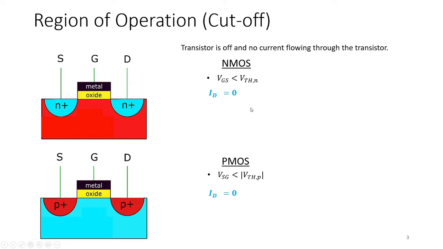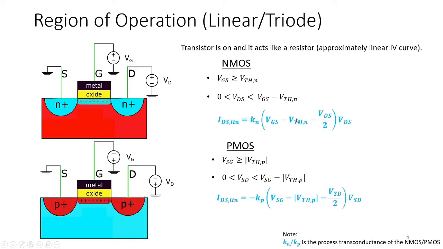The next region of operation is when the transistor is on, so VGS is greater than the threshold voltage, but VDS, the drain source voltage, is between 0 and VGS minus VTHN.